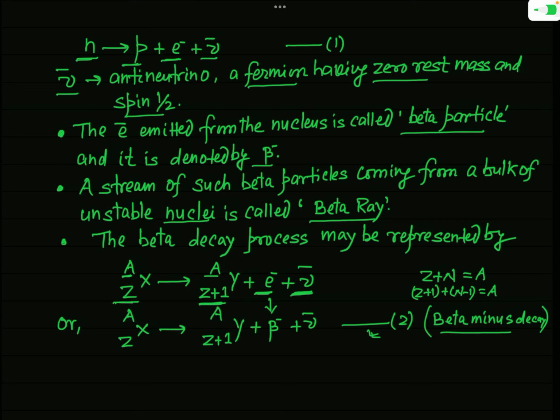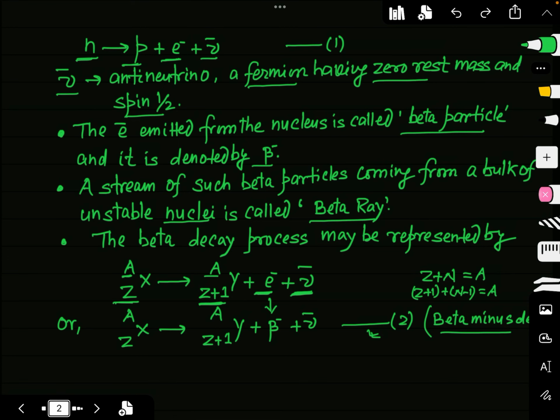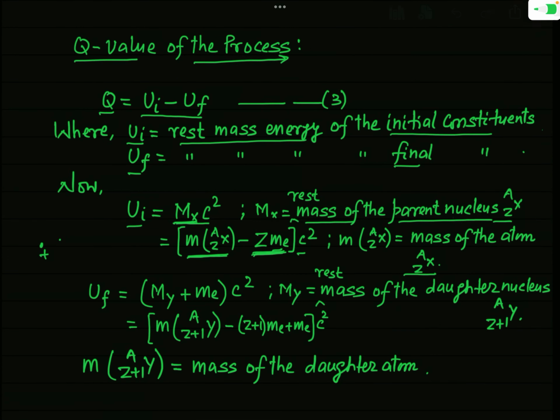So you can write the rest mass energy of the final constituent like this. This is M_Y plus m_e times c square. What is this M_Y? I have assumed here, this is the rest mass of the daughter nucleus Z plus 1.